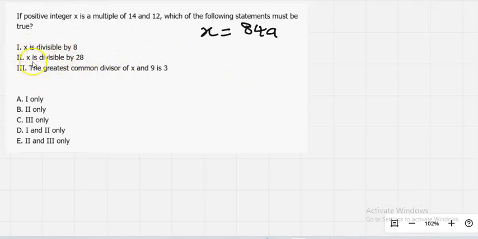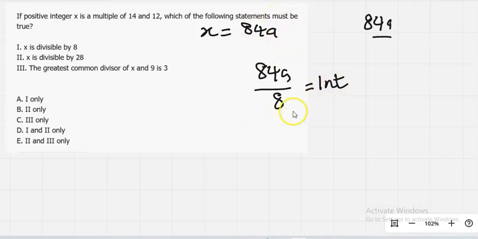Let's start with 1. x is divisible by 8. That means 8 is a factor of x. So if I divide 84a by 8, I must get an integer in all cases.